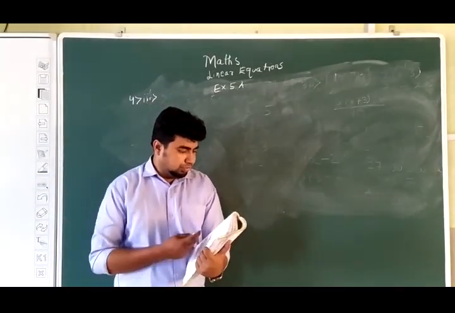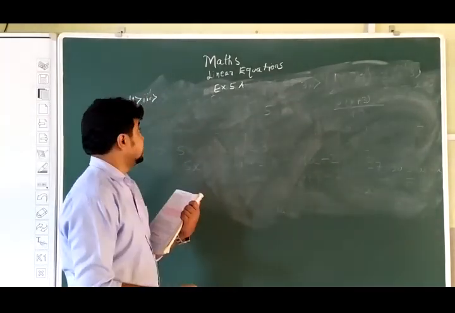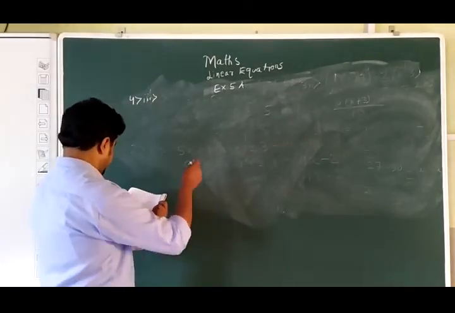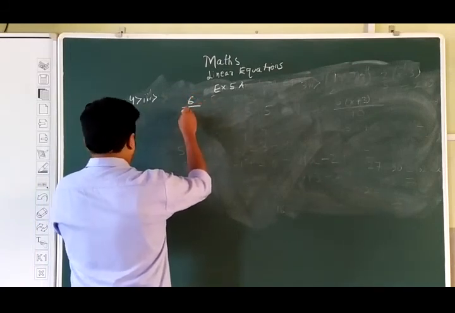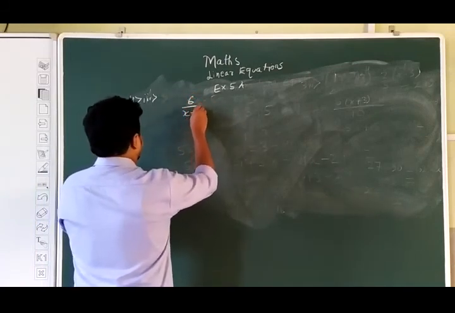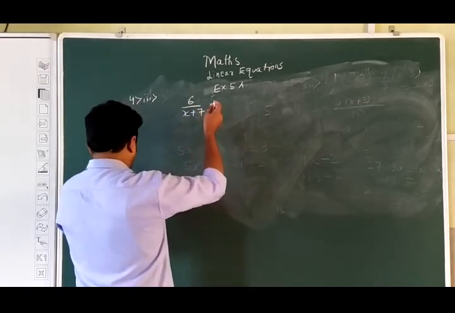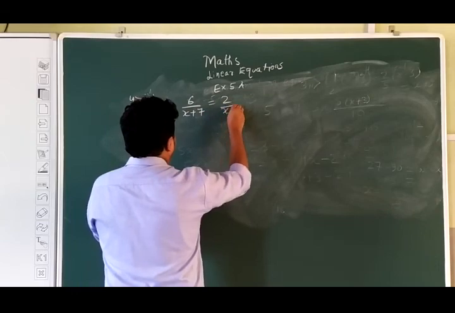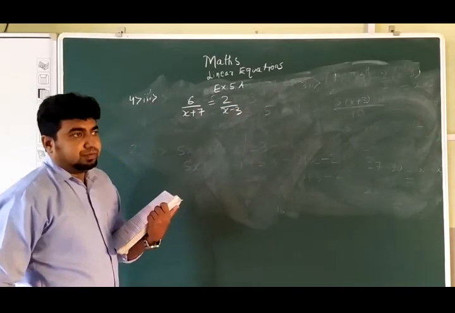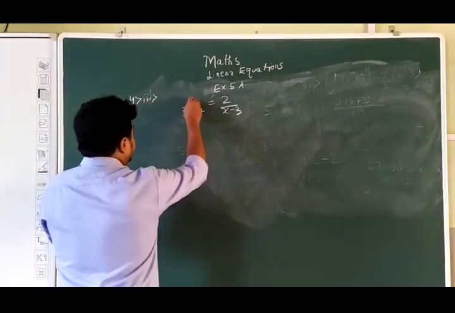So question number 4, bit 3 we are going to discuss. So in the question, 6 divided by x plus 7 equals 2 divided by x minus 3. Now what we will be doing? Cross multiply.